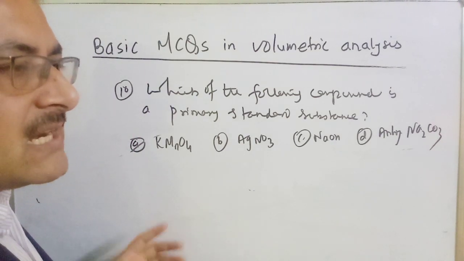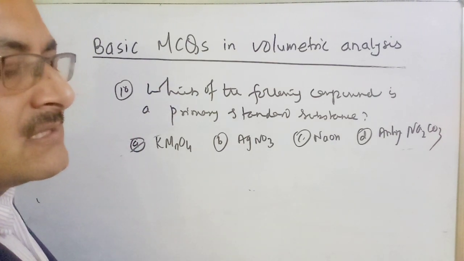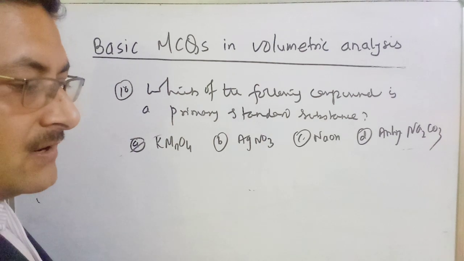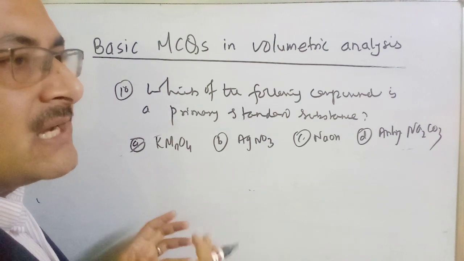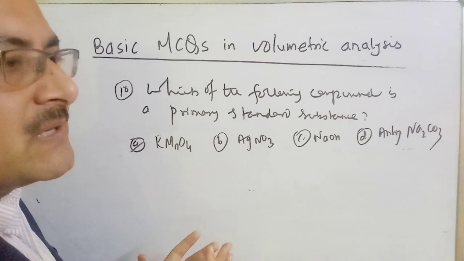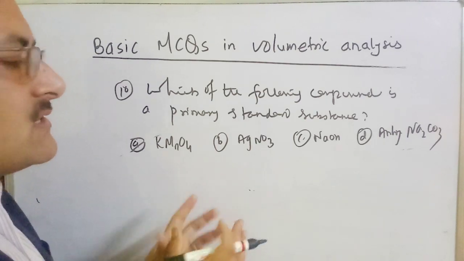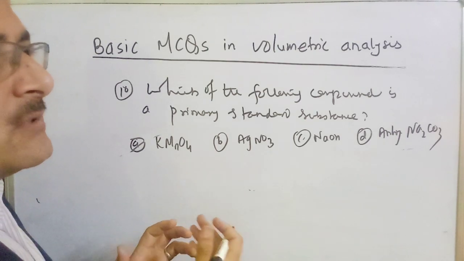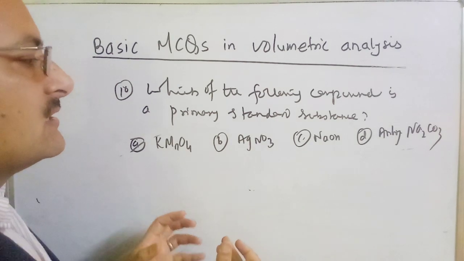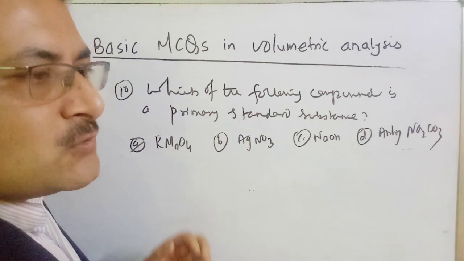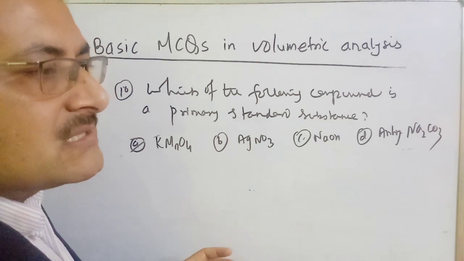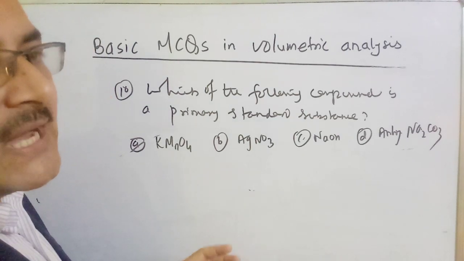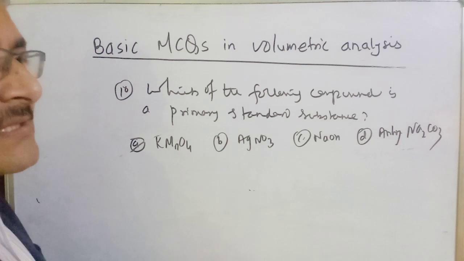In the presence of light, it decomposes into other substances. Silver nitrate solution is always wrapped with black paper, because silver nitrate gets decomposed in the presence of light. Similarly, sodium hydroxide is a very common base used in the lab, and sodium hydroxide is a hygroscopic substance.